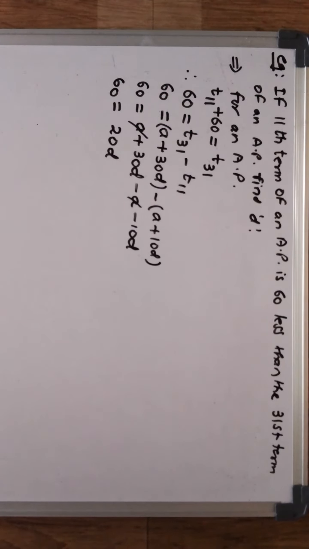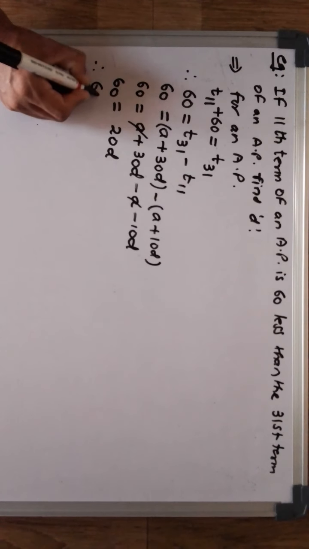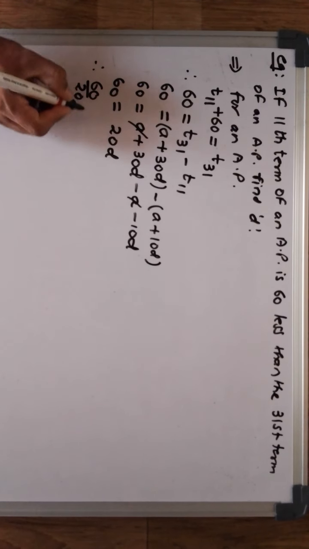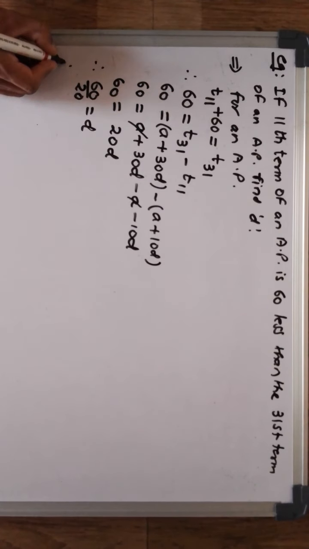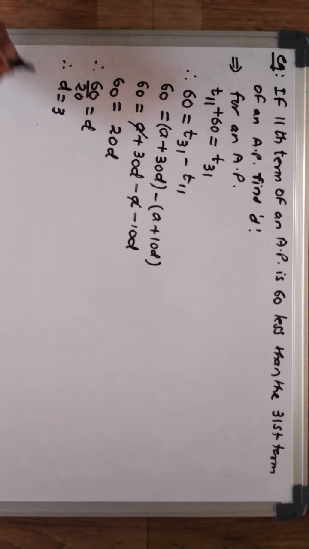So between 20 and D there is multiplication. So when this 20 is brought to the left side, what do I get? 60 by 20 is equal to D. So D is 3. That is the value of D which is expected, it is 3.